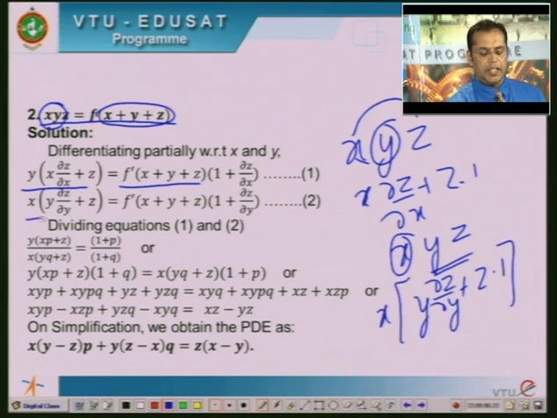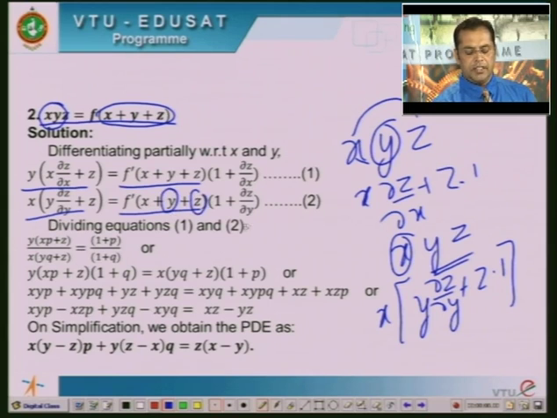That is what you see here, equal to f'(x + y + z) into the derivative of (x + y + z) with respect to y, which is 1 plus ∂z/∂y. With notations, this is x(yq + z) = f'(x + y + z)(1 + q).